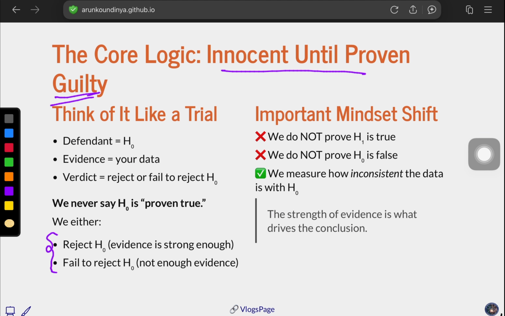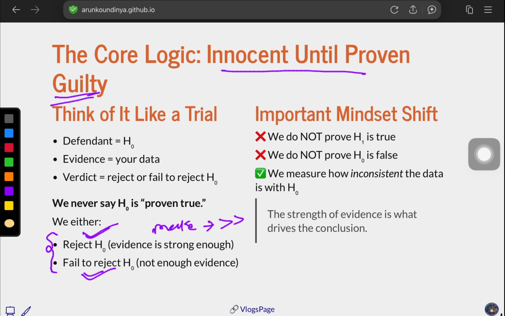Either we reject the null hypothesis or we fail to reject the null hypothesis. Do remember, we are still not claiming that the null hypothesis is true. When we reject the null hypothesis, it means that we have sufficient evidence to refute it and make a decision. Here we are trying to make a decision and go ahead.